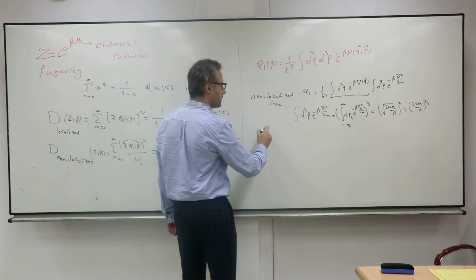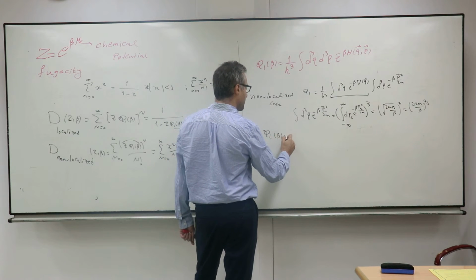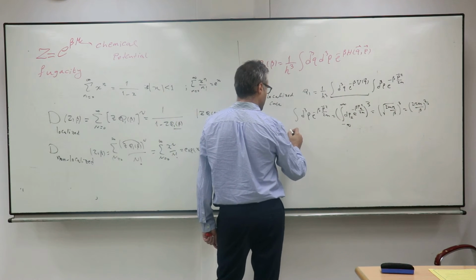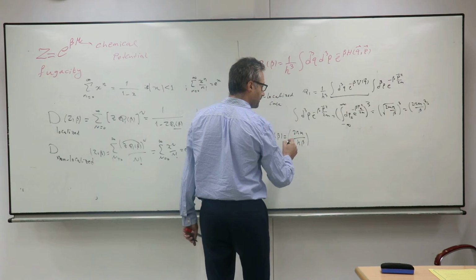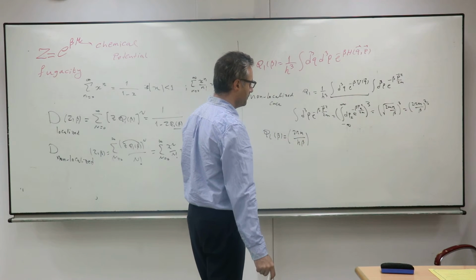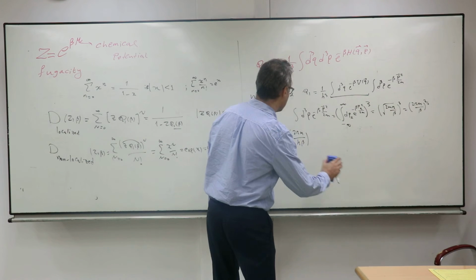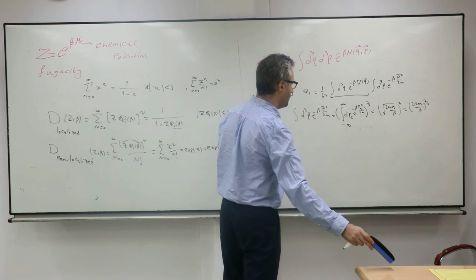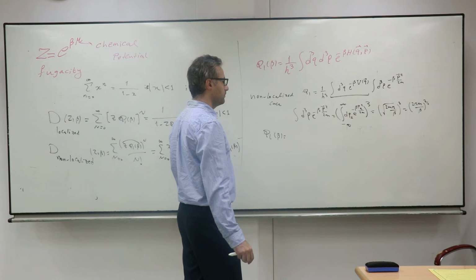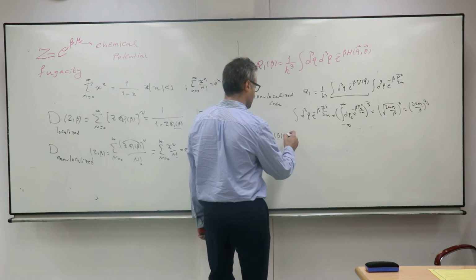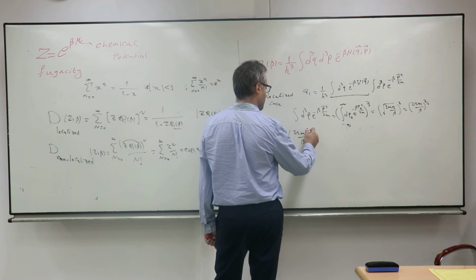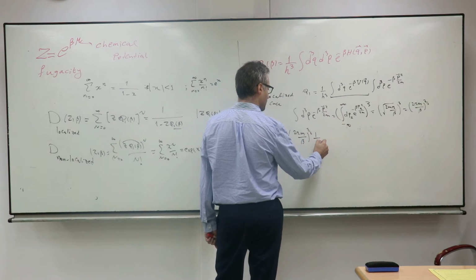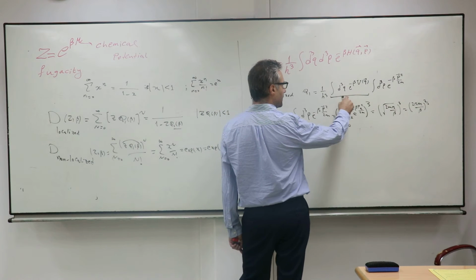So Q1(beta) will be (2 pi m over h^2 beta) to the 3 over 2, multiplied by the integral of that.